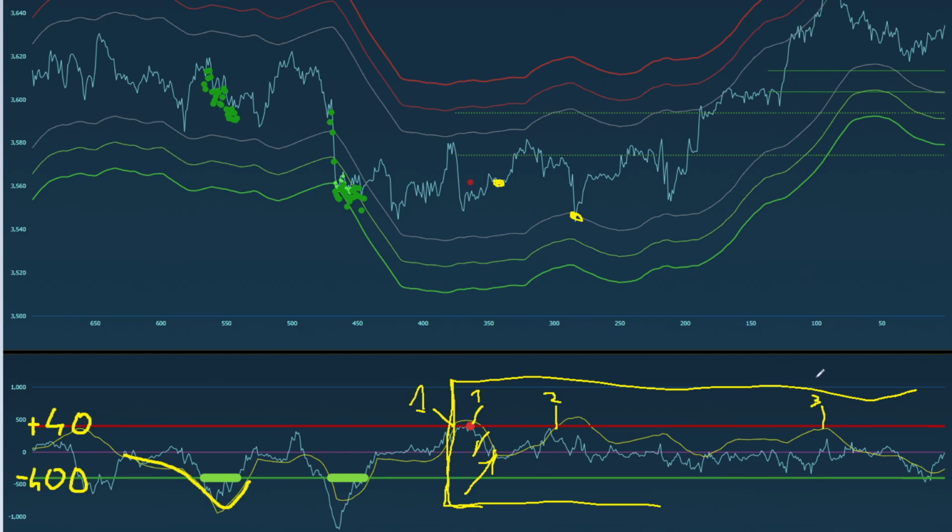And usually what you'll see is that after the Momo 2 goes three times above plus 400 or really near plus 400, not like here, but more like this, it will be a good signal to reduce the size of your position, usually take out some profits and be more careful, right? So do not add up there, or more like reducing the risk or even closing down your position.